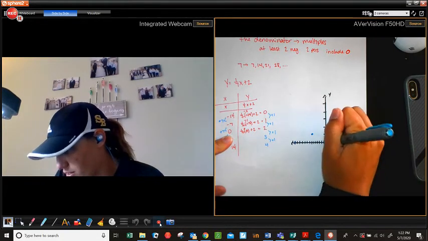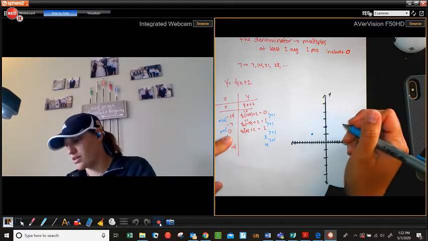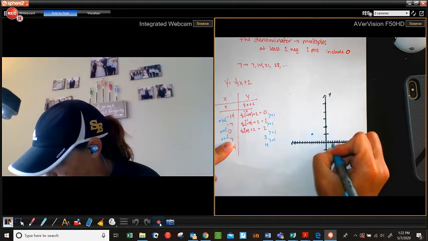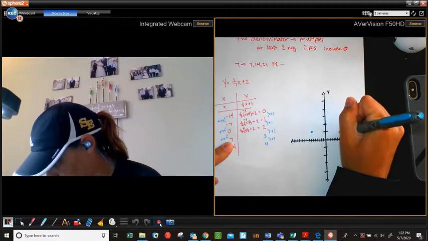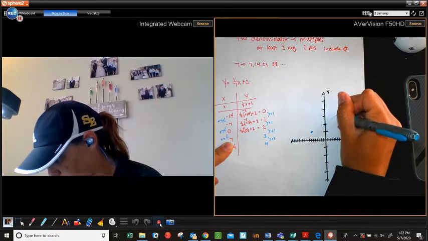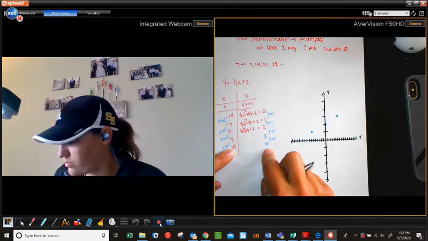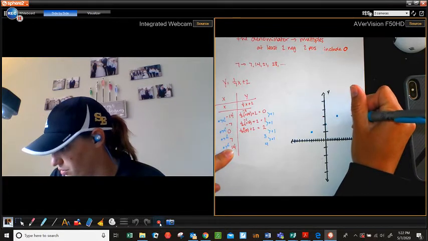So from the origin, I'm just going to go up 2 because my y value is 2 and my x value is 0. Next, I have 7, 3. So to the right, 1, 2, 3, 4, 5, 6, 7, up 1, 2, 3. 14, 4. So all the way to the end, up 1, 2, 3.